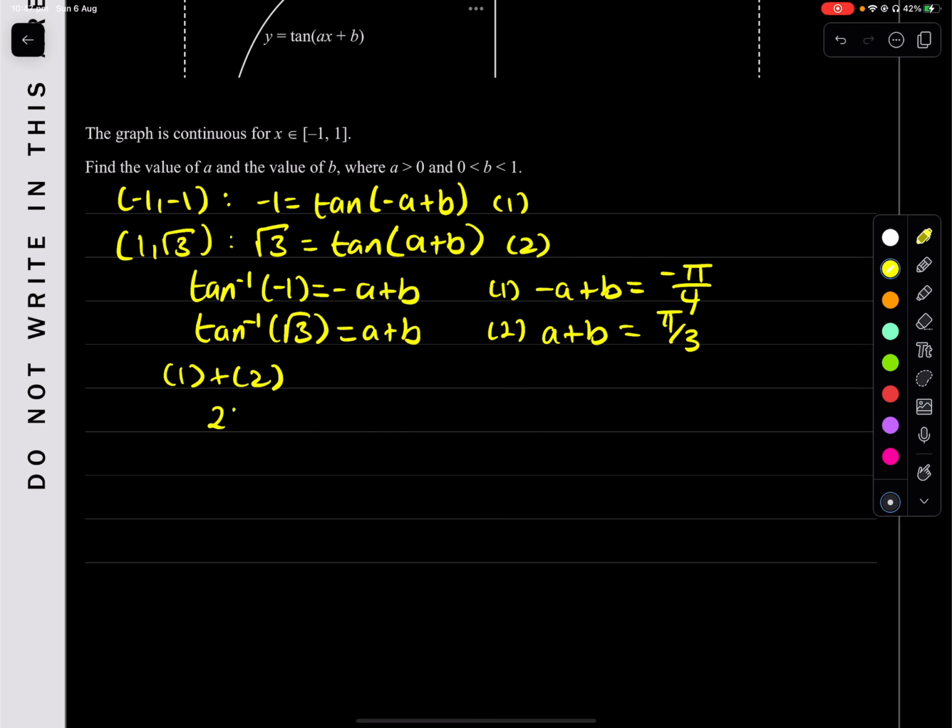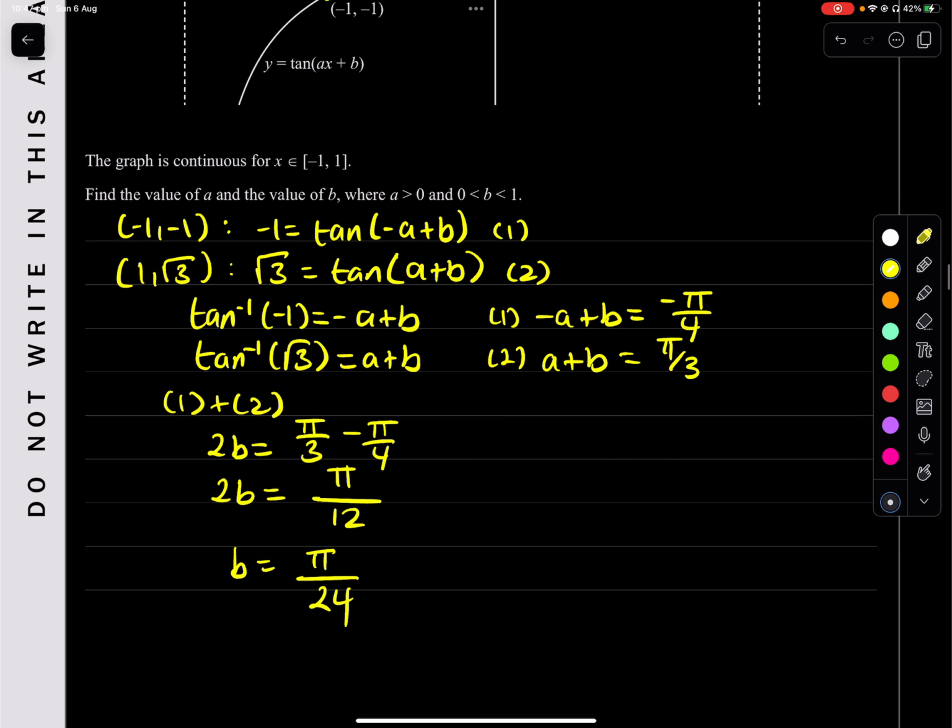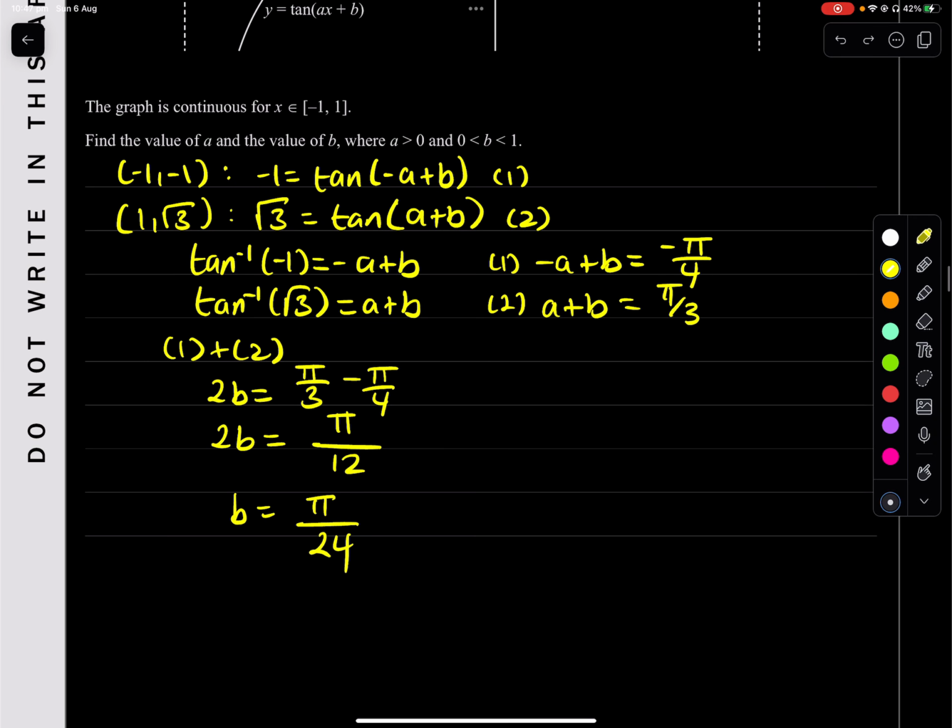So it'll be 2b equals pi on 3 minus pi on 4, which is pi on 12, so b must equal pi on 24. Perfect. Now we know b.